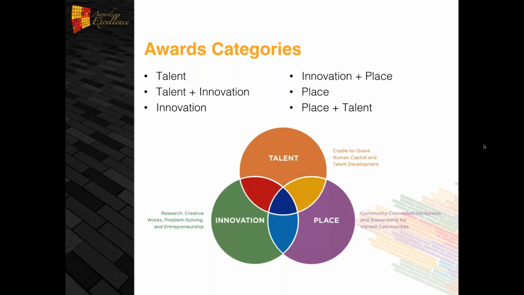That is because these are gray areas in some cases, and we're trying to establish hard categories here, but the initiatives themselves are often gray. So we've asked for a primary category and a secondary category in the application. The primary category, we ask for talent or innovation or place. And the secondary category, we ask for talent or innovation or place. And what that does is it lets us know where you feel that your initiative ranks throughout the awards categories.